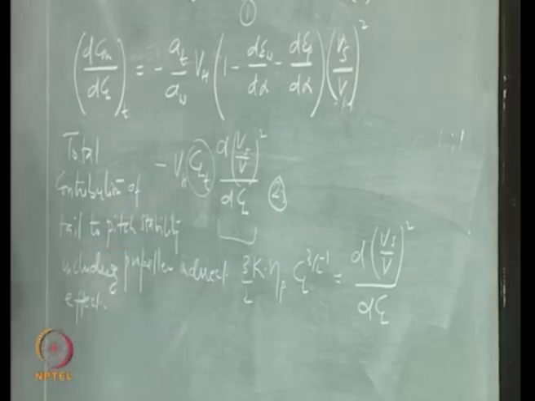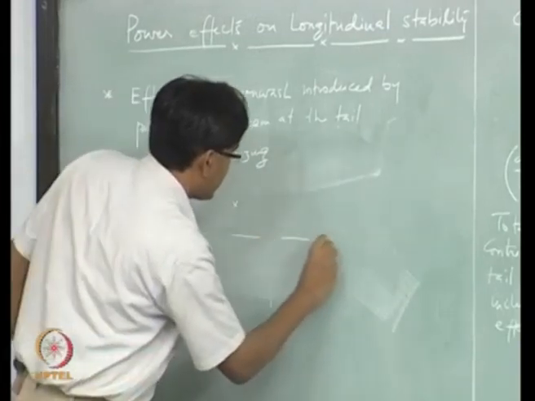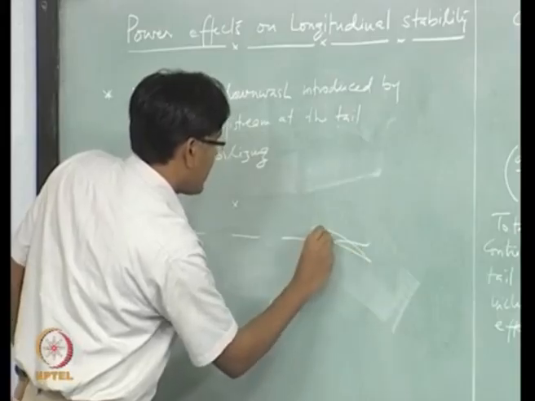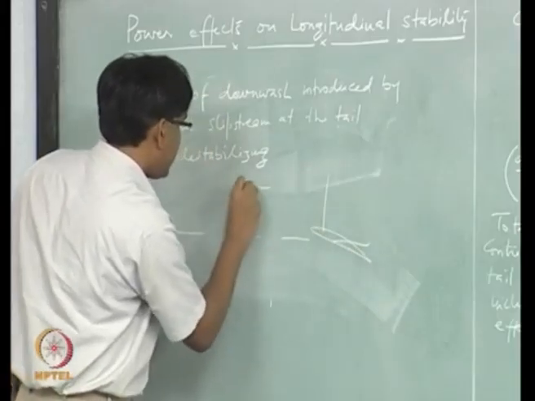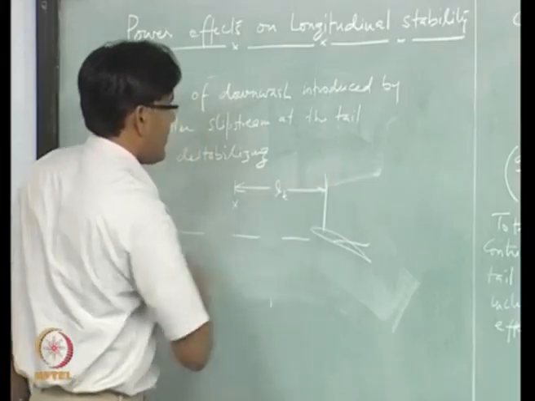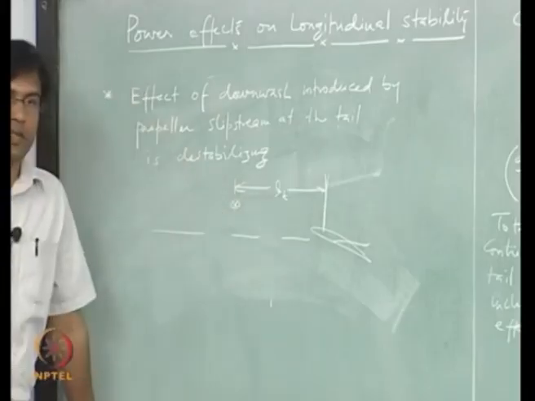So let us think about a situation when you are trying to move the CG, right. So your CG is here and the tail is lying somewhere here. So I am moving the CG now, right.